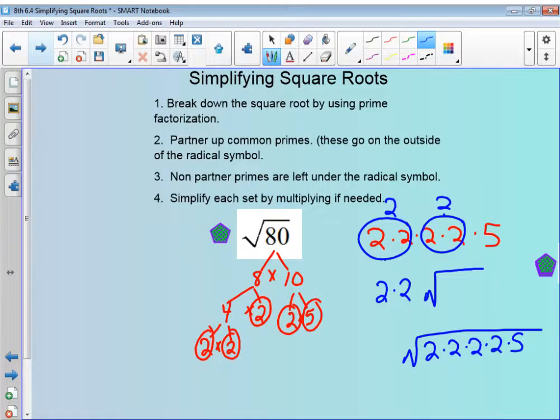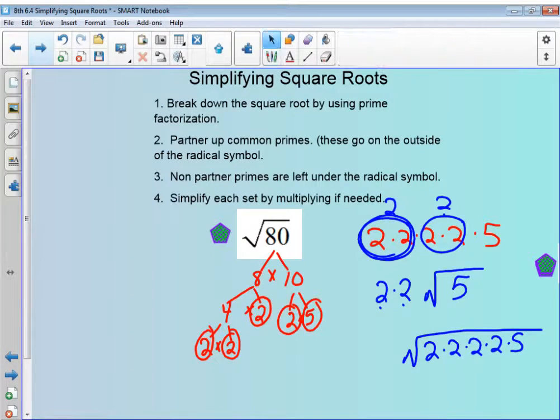So if I'm going to go through and do that, what I'm saying here is 2 squared is one of those is going to take care of one set underneath. So that's why I'm writing it out once. So the key thing here is I'm just going to go ahead and write out, if I have a pair, I just write that number once for each pair. Okay. Whatever's left over, I'm going to write underneath the radical symbol, so I've got a 5 underneath of here.